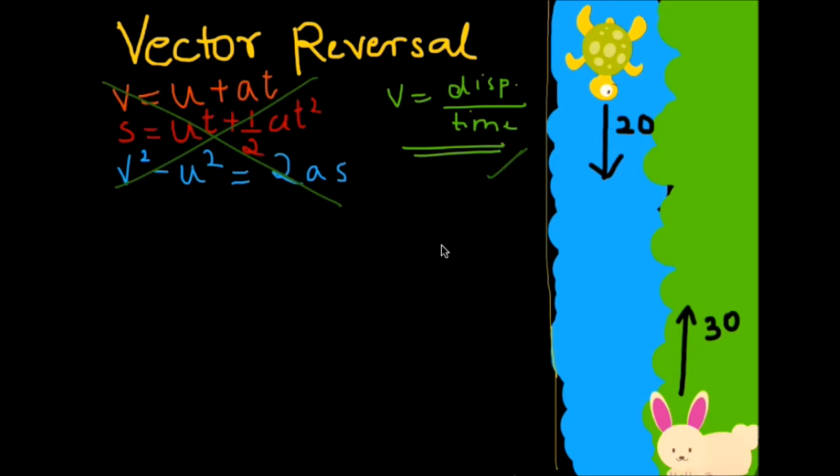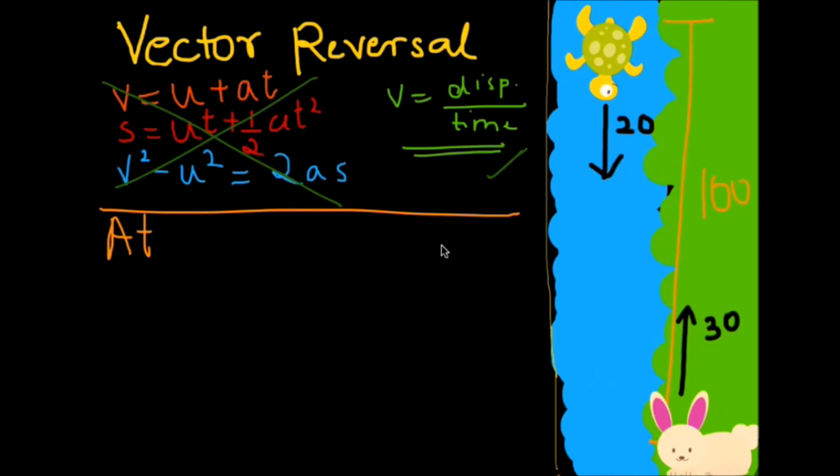He said that we both must start from opposite ends at a distance of 100 meters from each other, and the tortoise had the velocity 20 meters per second, whereas the rabbit had the velocity 30 meters per second. Now, in this question, we are asked at what distance will they both meet?